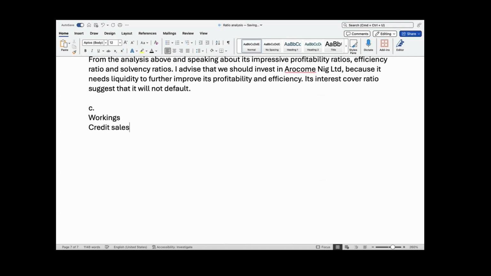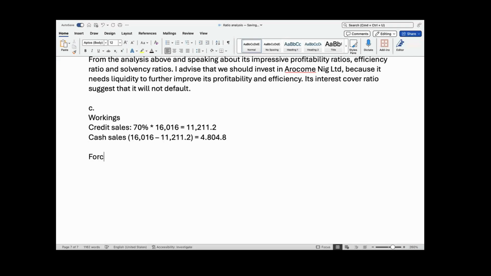First, I have to do the credit sales. They said it is 70% of the current sales from retail, which will give us 11,211.2, and the remaining is the cash sales, which should be the total sales minus the credit sales, so that we should be looking at around 4,804.8.